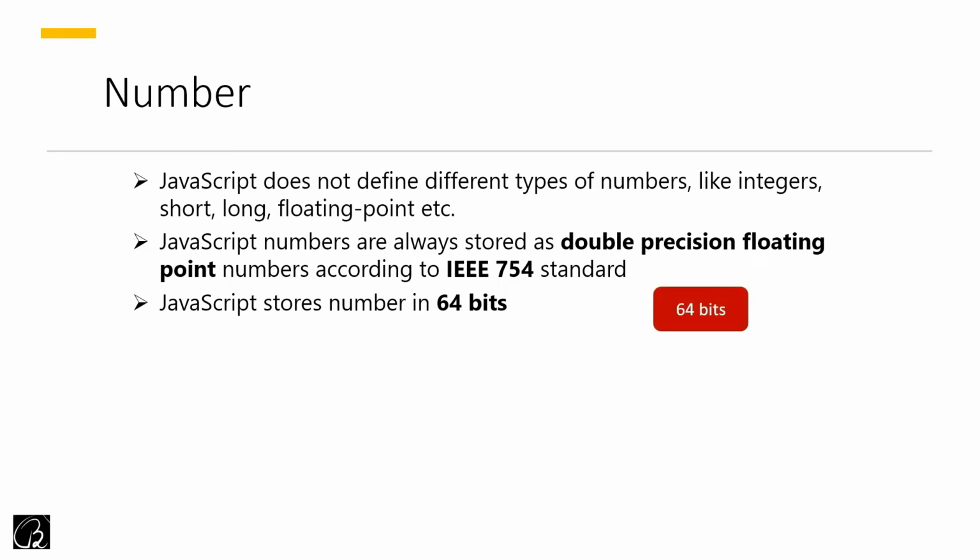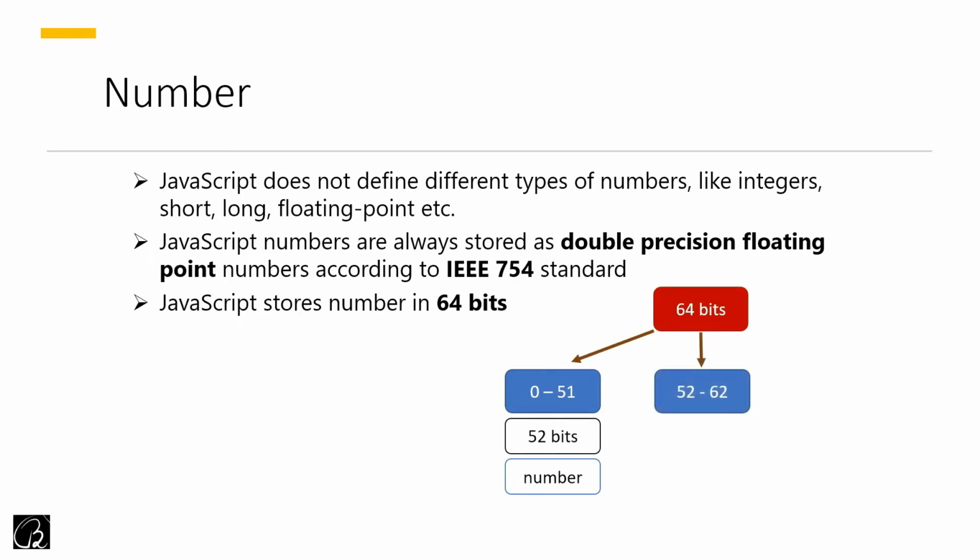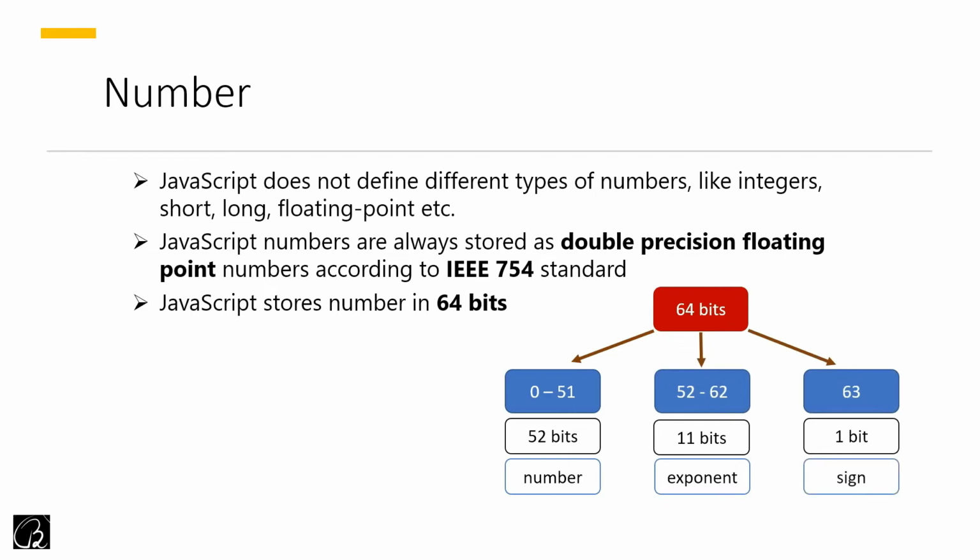The first bits, 0 to 51, that is 52 bits, are allocated for the number, the next bits, 52 to 62, that is 11 bits, are allocated for the exponent part, and the last 1 bit, that is bit 63, is allocated for the sign. Let me show you one example. Let's say here I am showing 64.5 as the number.